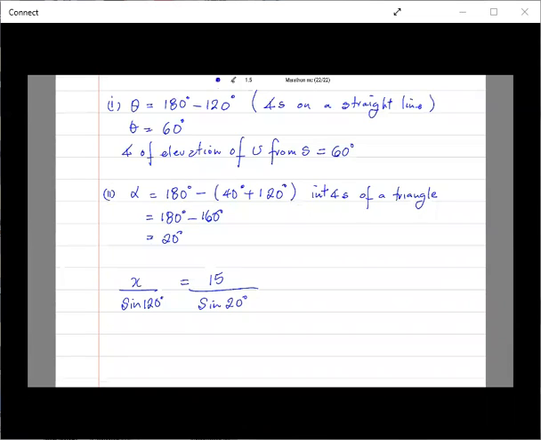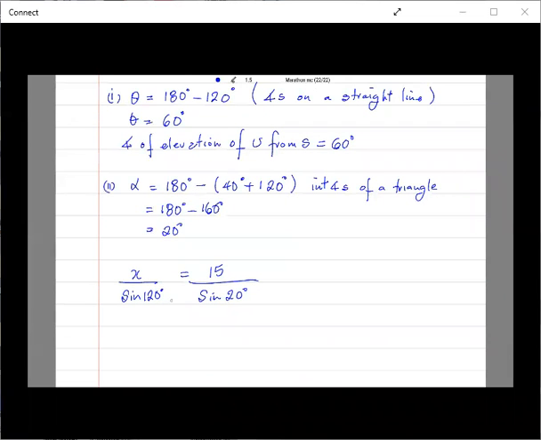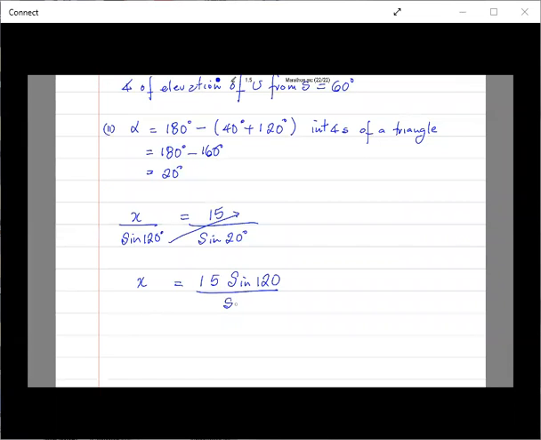So I'm going to cross multiply and carry the sine 20 up here. So x is going to be equal to 15 sine 120 divided by the sine of 20 degrees. You would put this in a calculator and press equal, and that will give you x. So 15 sine 120 divided by the sine of 20 degrees.